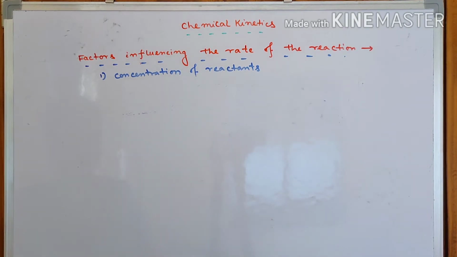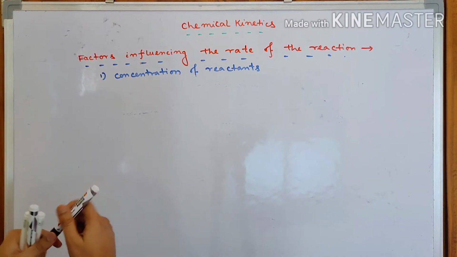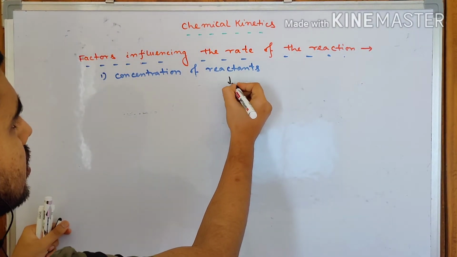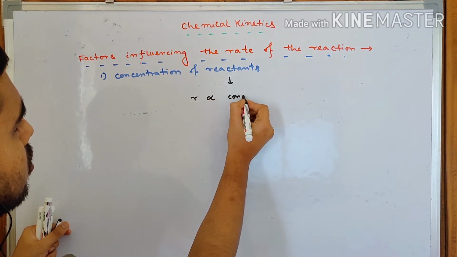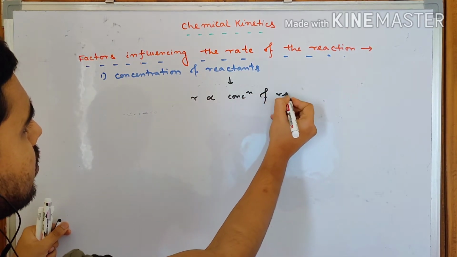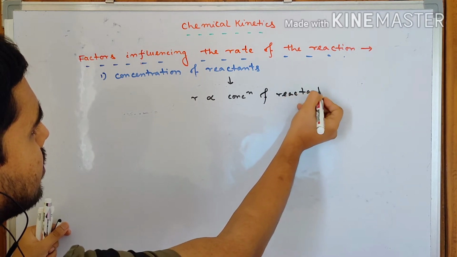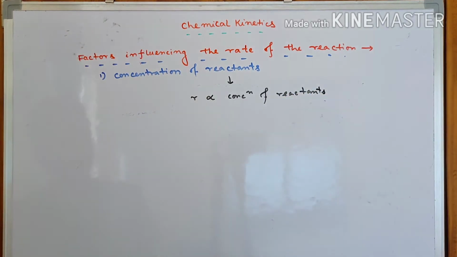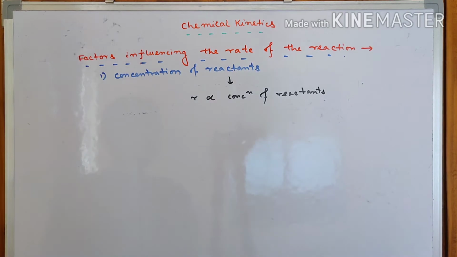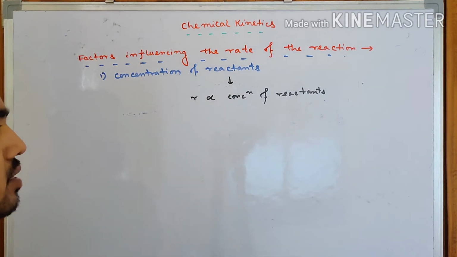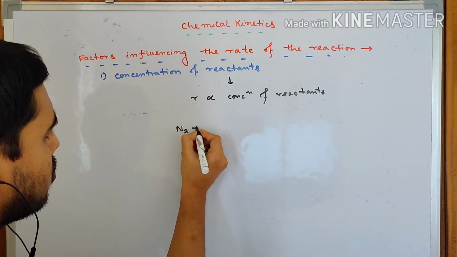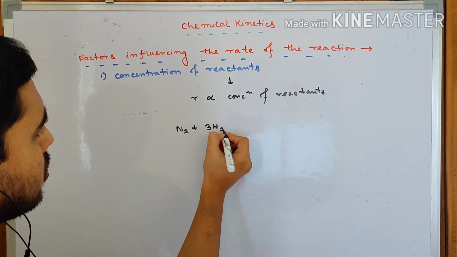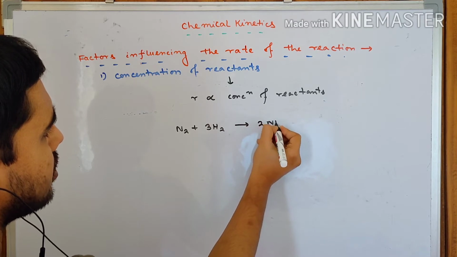Remember, there are mathematical expressions thereafter, but it may be noted that the rate is directly proportional to the concentration of reactants. That means if you increase the concentration of reactants, rate is going to increase. For an example, suppose we take N2 plus 3H2 giving rise to 2NH3.